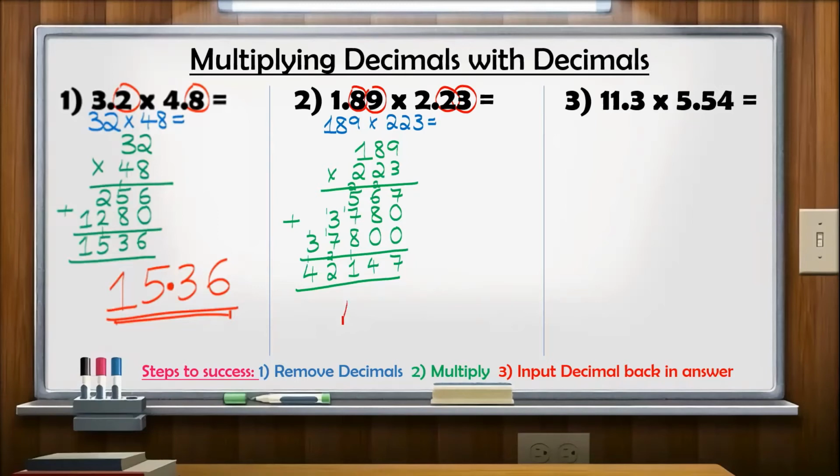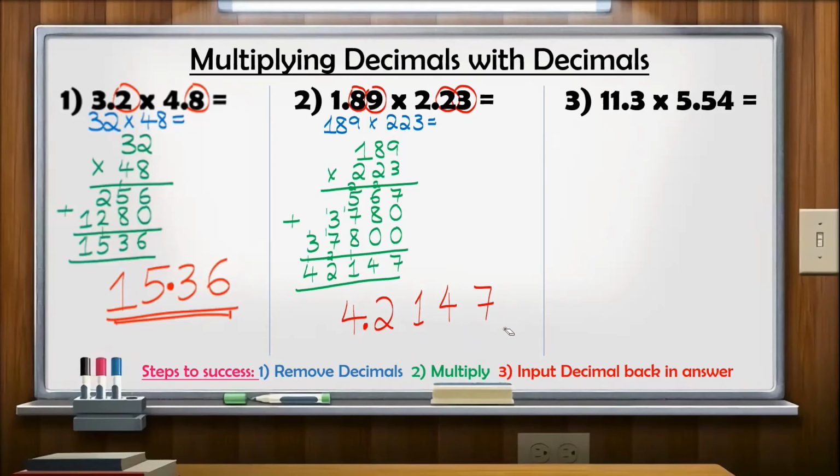So using the answer for 189 times 223, I'm going to input my decimal place to get my final answer for 1.89 times 2.23. So starting from the back, I'm going to move 4 place value positions, 1, 2, 3, and 4, and therefore my decimal point will be in between the number 4 and 2.